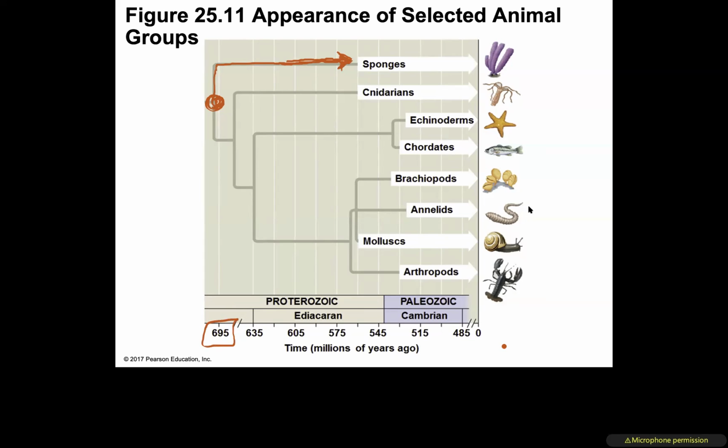You can see the next common ancestor led to that diversification of your cnidarians. Then that lineage split, which eventually led in one direction to your echinoderms and your chordates, and the other direction led to your arthropods, mollusks, annelids, and brachiopods.